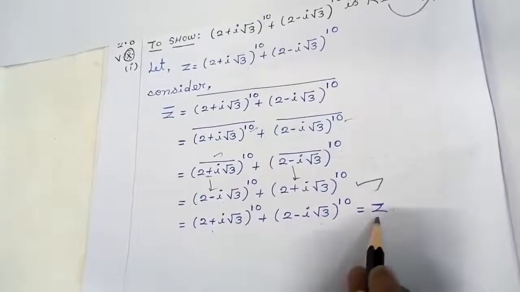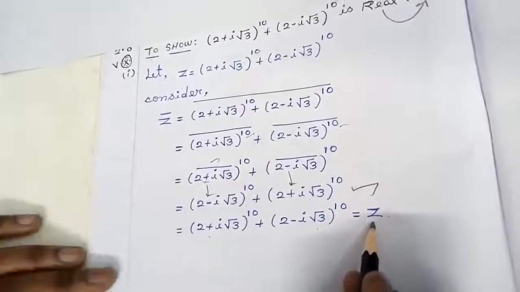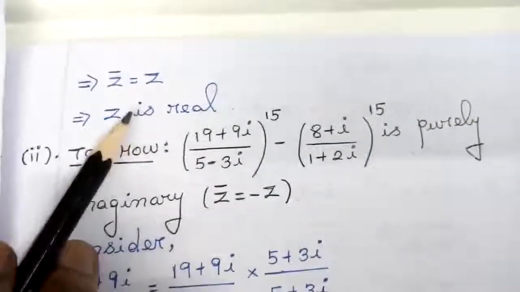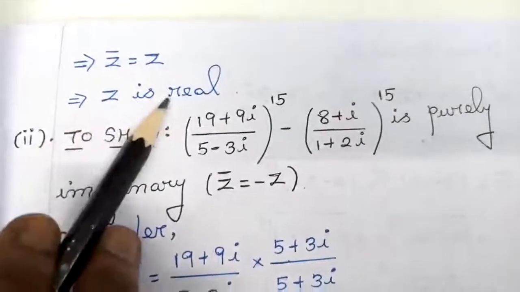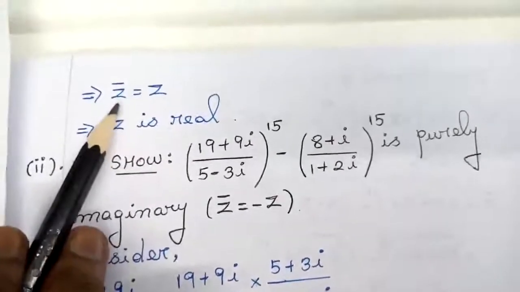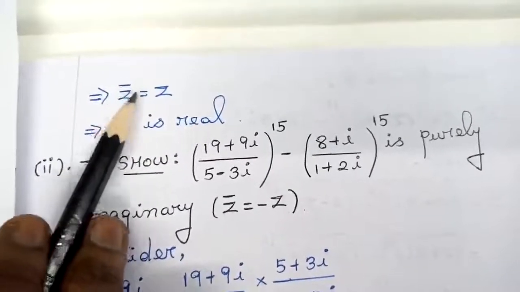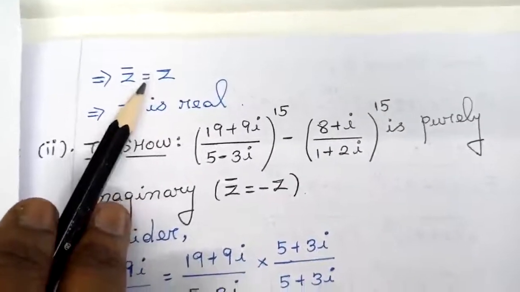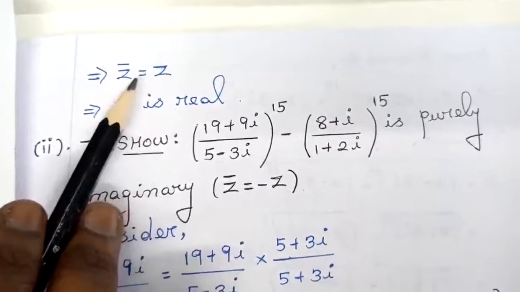So that is the value for z. From this I can say that z bar equal to z. That implies z is real. So for z to be real, I am proving this condition: z bar equal to z, and we have properties related to that. Based on that only we are doing the sum here, students.